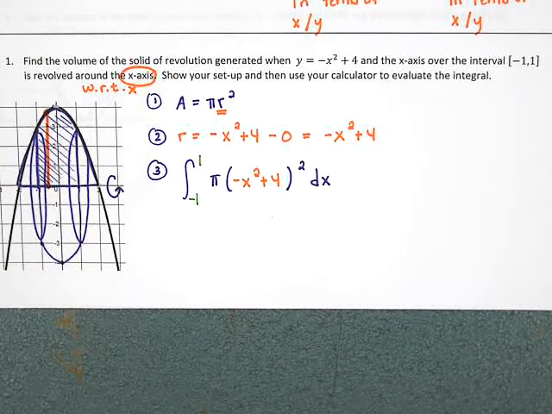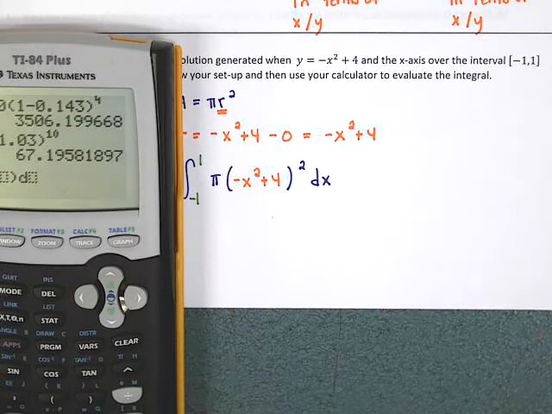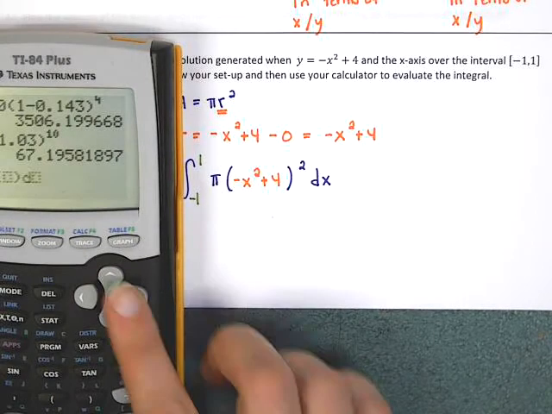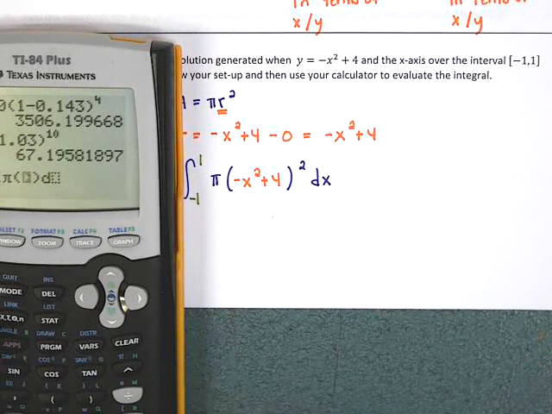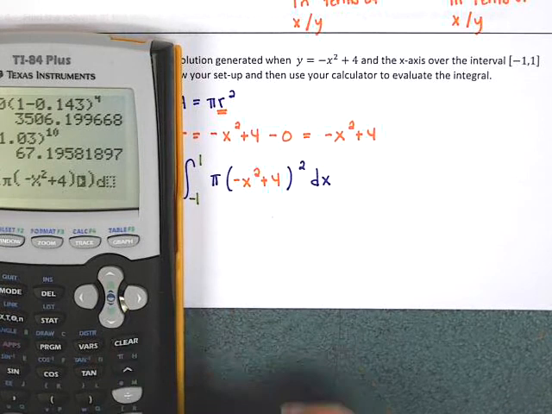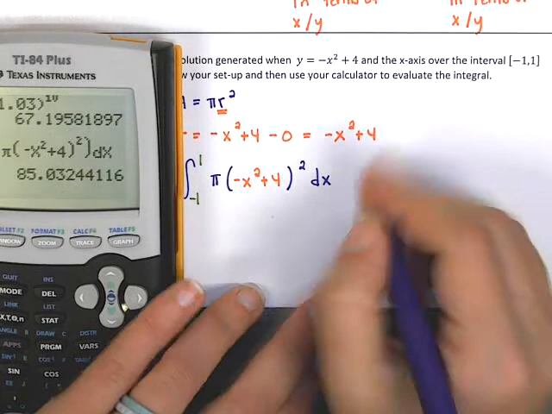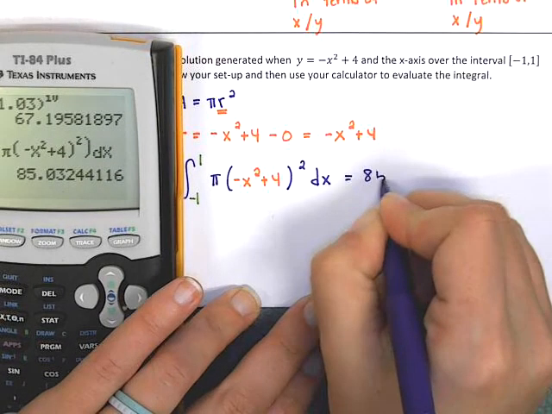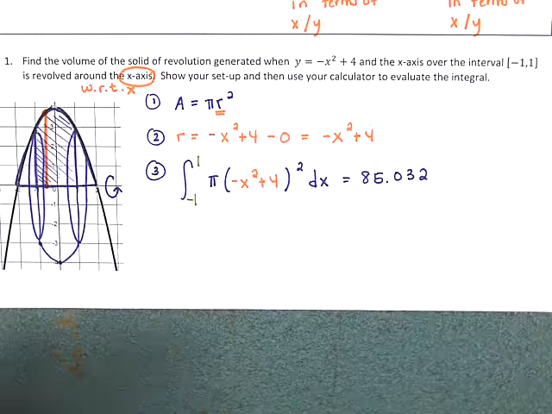Now this problem specifically says that once you have it set up, just go ahead and type it in. So I'm going to type in the integral from negative 1 to 1 of pi times (negative x squared plus 4) squared dx, and I'm going to get 85.032 for the volume of my shape.